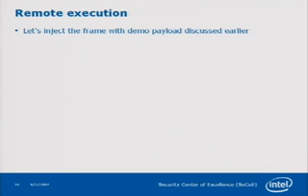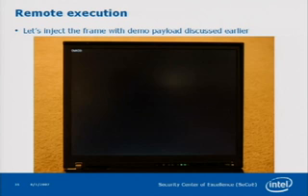But then let's try to substitute the fake payload with the demo payload that we discussed earlier during the presentation and inject it. This is what happened as a result of using that exploit.